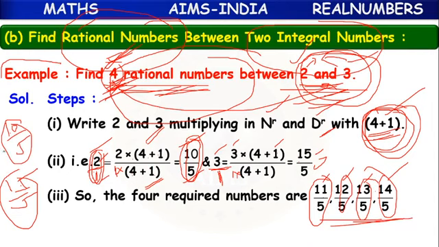Then the 2 given integral values will be turned into rational numbers like 10 by 5 and 15 by 5, keeping the denominator the same, so we can change the numerator. Okay, children, this is about inserting rational numbers between 2 integral numbers.